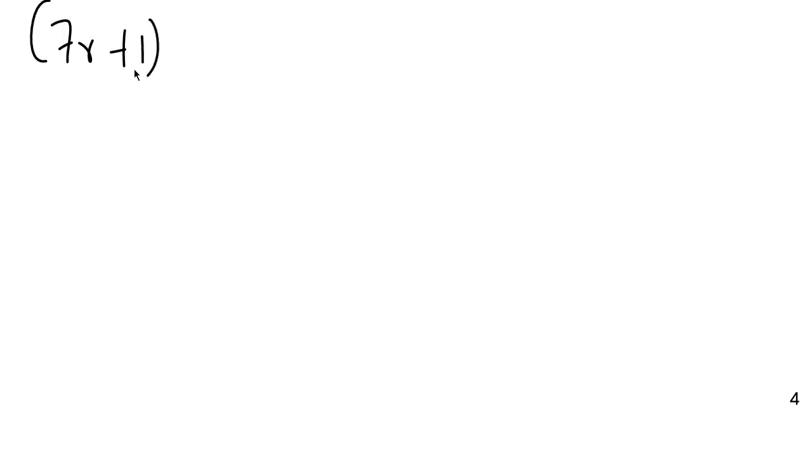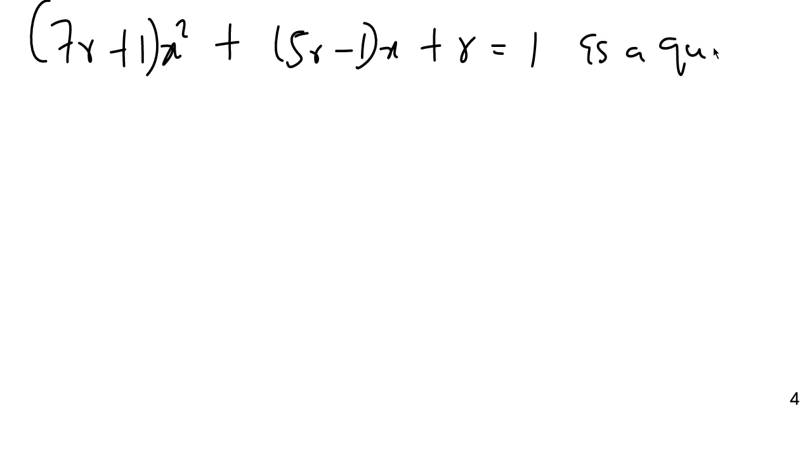7r plus 1 x squared plus 5r negative 1 x plus r equal to 1 is a quadratic equation.